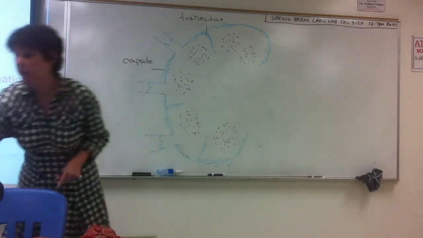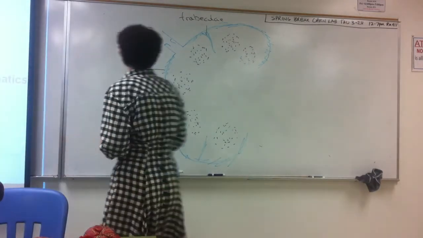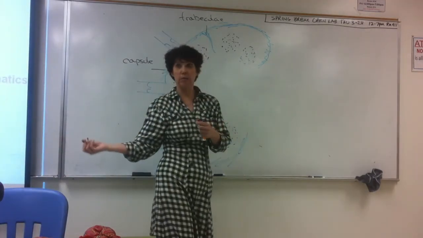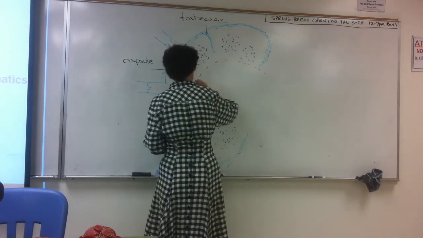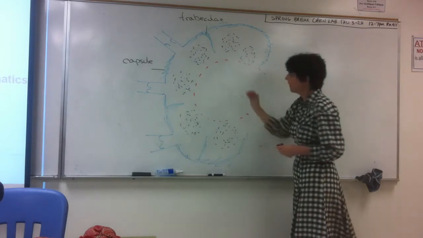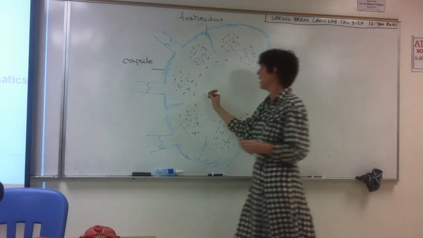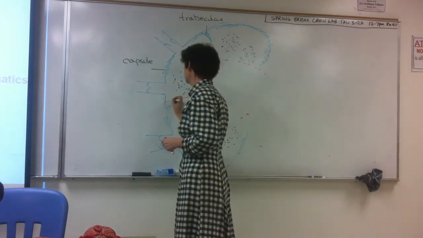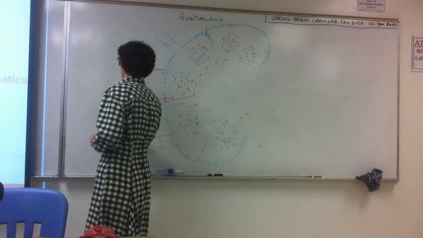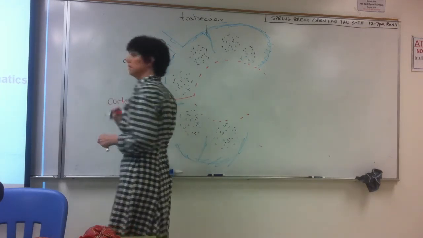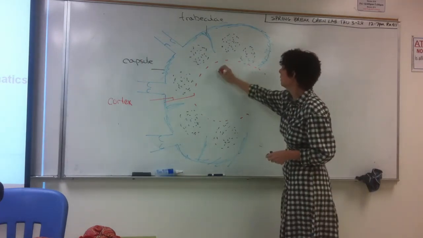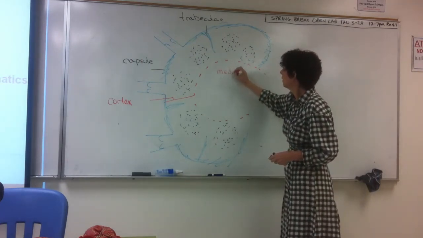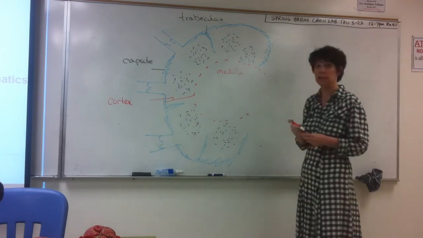So this is the location within the lymph node. The red is my own component, it's not part of the histology. But that area between the red dotted line and the capsule is known as the cortex. The rest of this area in here is the medulla.